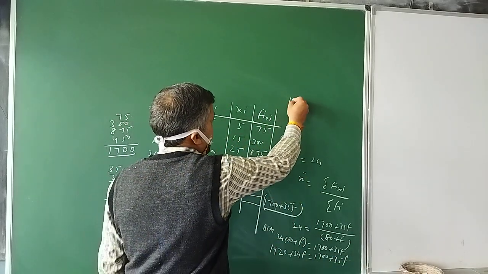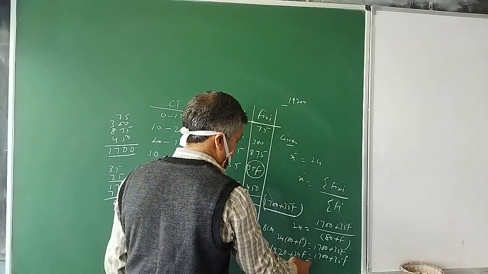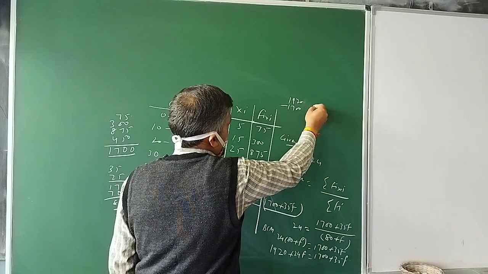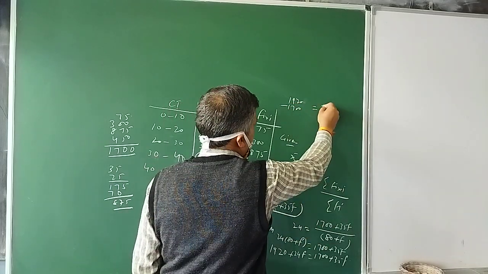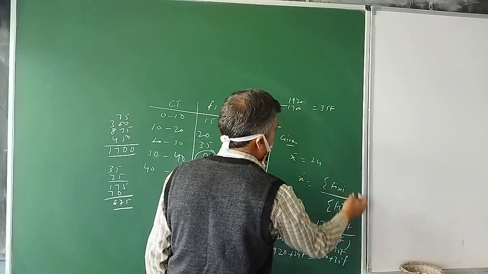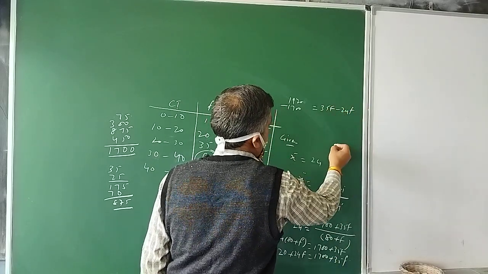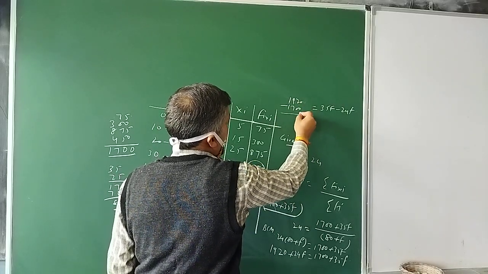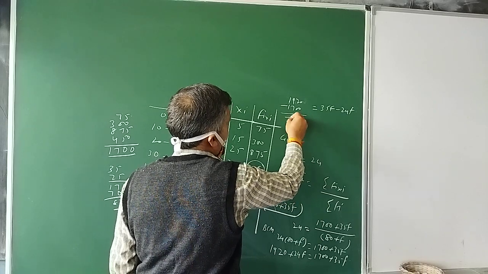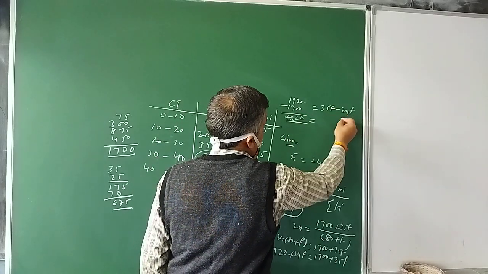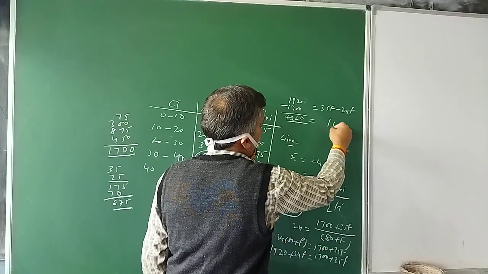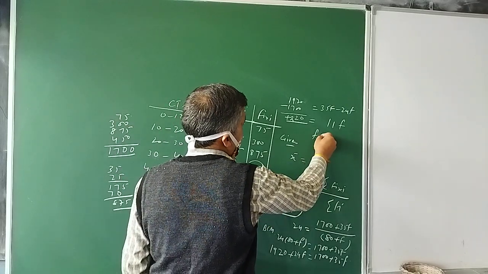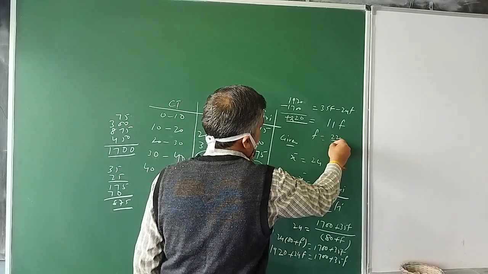So finally, 1920 minus 1700 is equal to 35F minus 24F, shifting 24F to that side. Here you get 220 is equal to 11F. So 11F is equal to 220, which means F is equal to 220 upon 11.